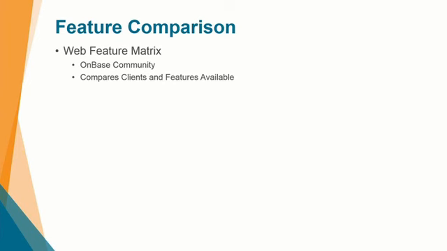So before I get any further here, we're going to be talking about a lot of different features and functionality, how they compare between the thick client as well as the Unity client. Log on to OnBase Community and search for the web feature matrix for your version of OnBase. And you can see for all the thousands of different OnBase features that are out there, how do you have that feature within the thick client, within the web client, within the Unity client, and within the different versions of the web.